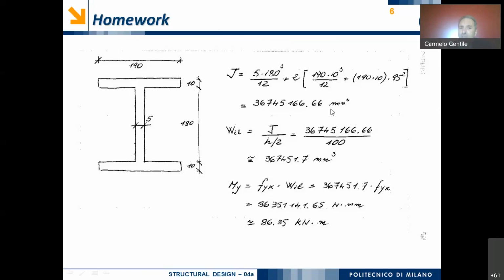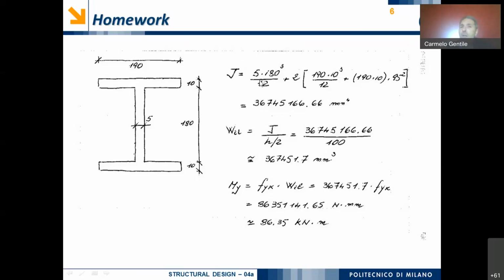Since we know this, in order to evaluate the moment at first yielding, I need to evaluate the inertia bending moment with respect to the center of the beam, and from this value evaluate the quantity we have denoted as WL, which is the inertia moment over half the height of the beam.